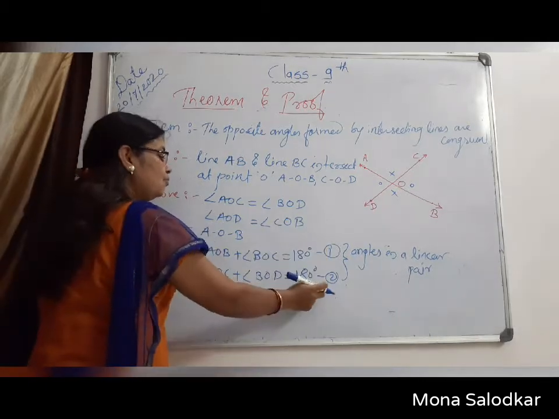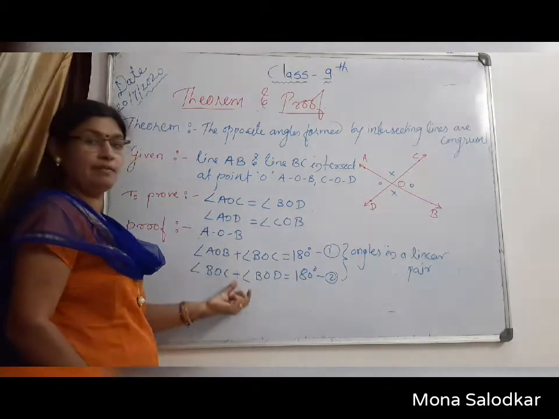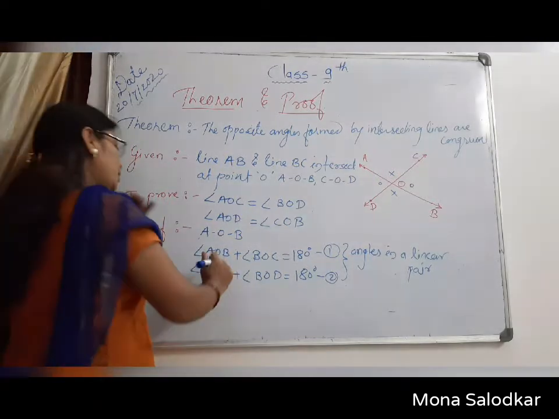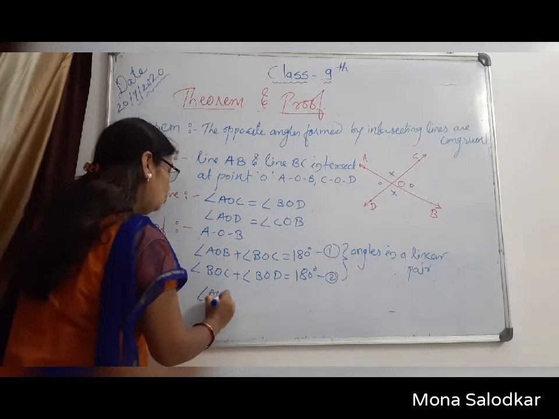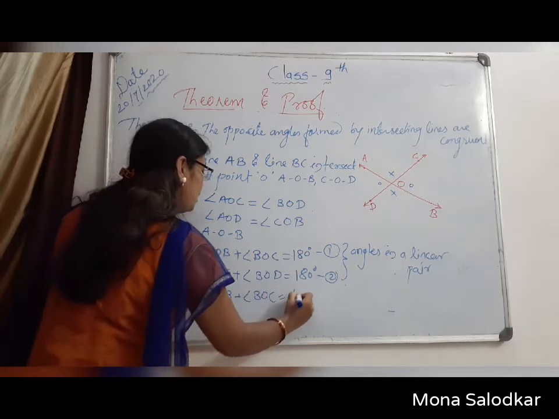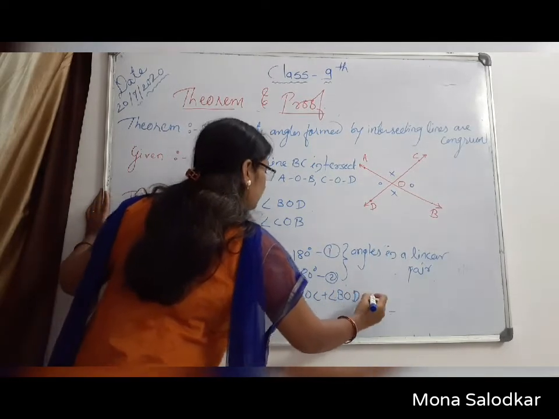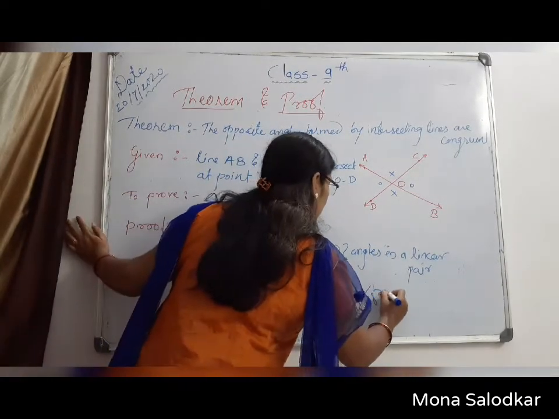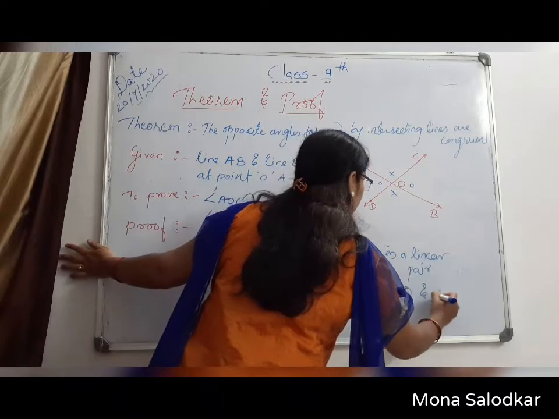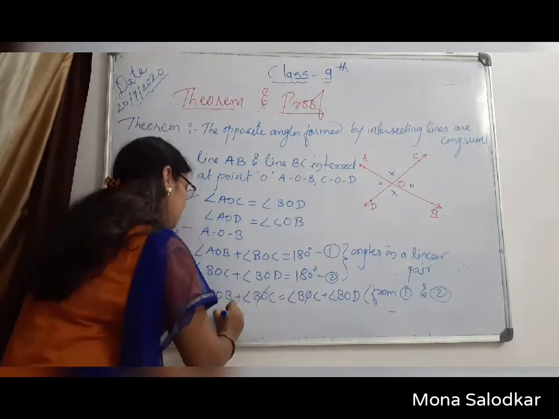Now see here, from first and second, what is equal? Right hand side is equal, therefore left hand side is also equal. So angle AOC plus angle BOC is equal to angle BOC plus angle BOD. The reason is from 1 and 2. Now cut this, what do you get?